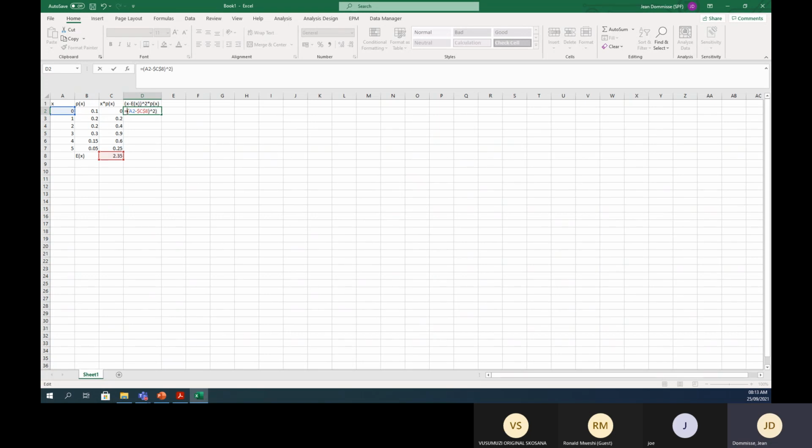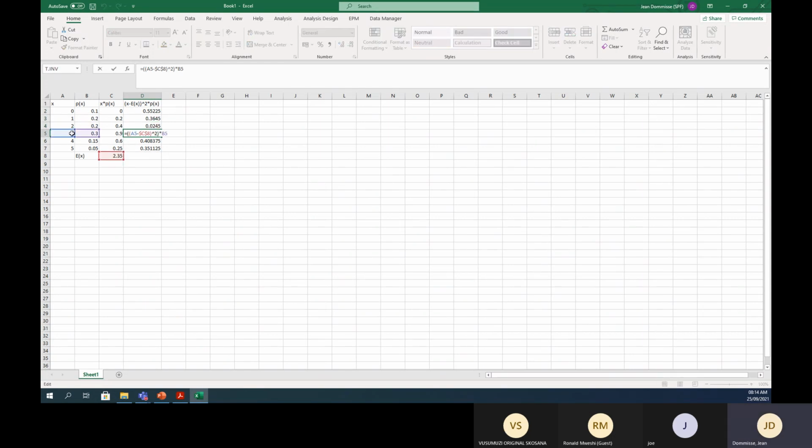And let's make sure that it reads the formula correctly, times that probability. Okay, and then it will calculate it for that one, for that one, for that.